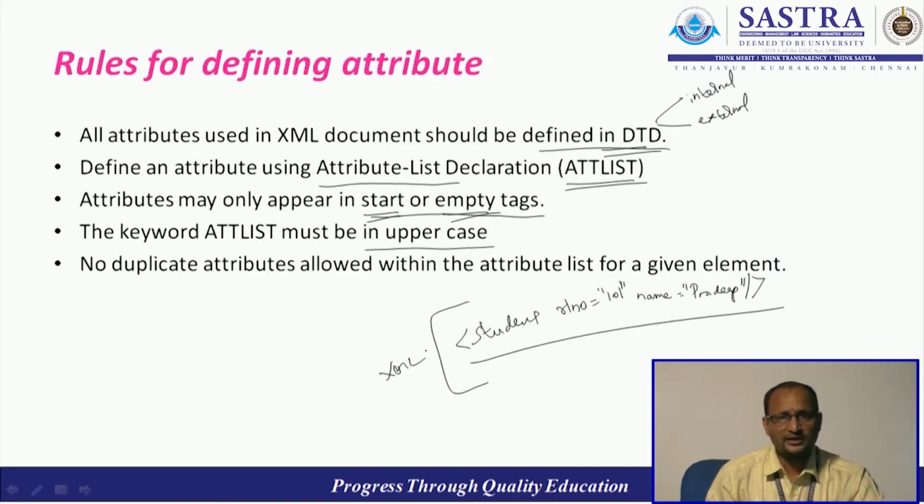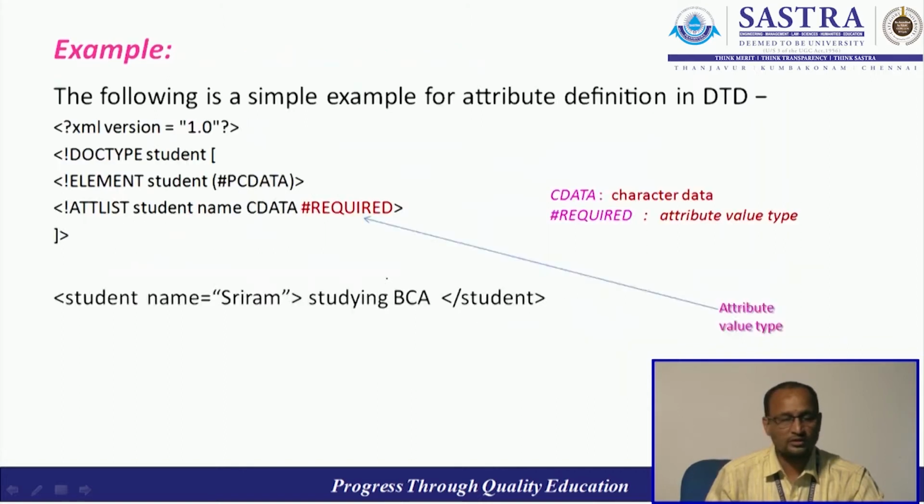We have to write the definition about the attribute, which I can show you. No duplicate attributes are allowed within the attribute list for a particular XML element. This is the rule for making an XML document with attributes.